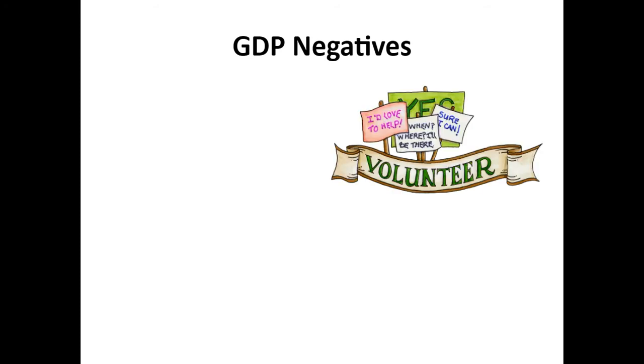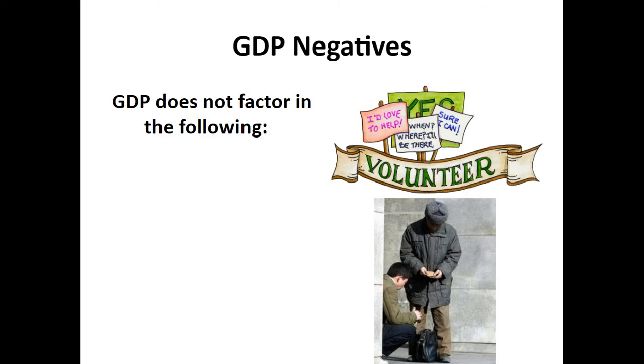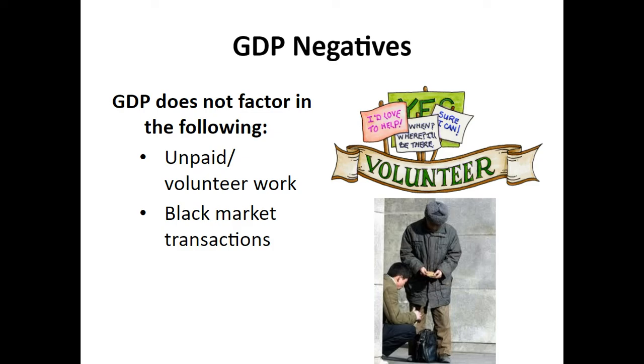Now, there are negative things about GDP. GDP does not factor in the following things. If you are working unpaid, or doing volunteer work, the work that you do does not get counted in GDP. It essentially means it has no value towards the country's output.